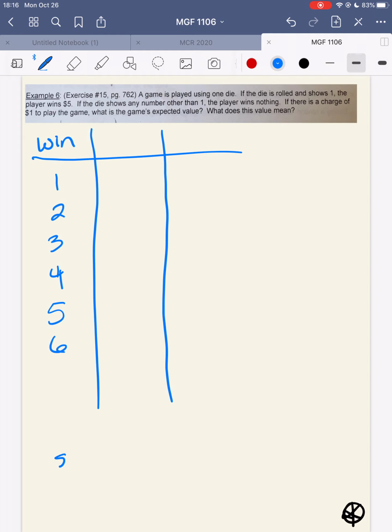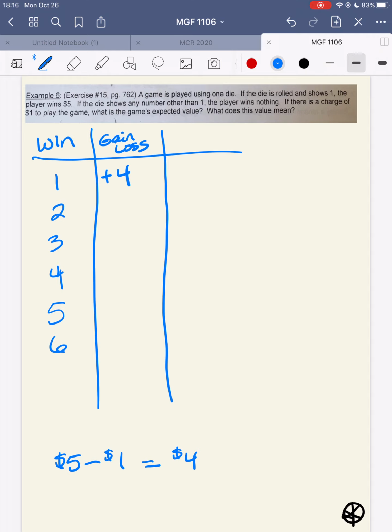But remember, I won $5, but it cost me $1 to play. So if I roll a 1, I only win $4. Okay, so this is my gain or loss. So in this case, if I roll a 1, I gain $4.